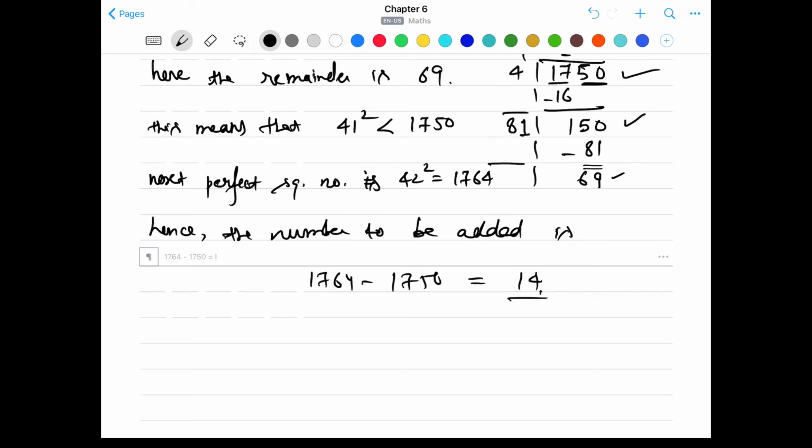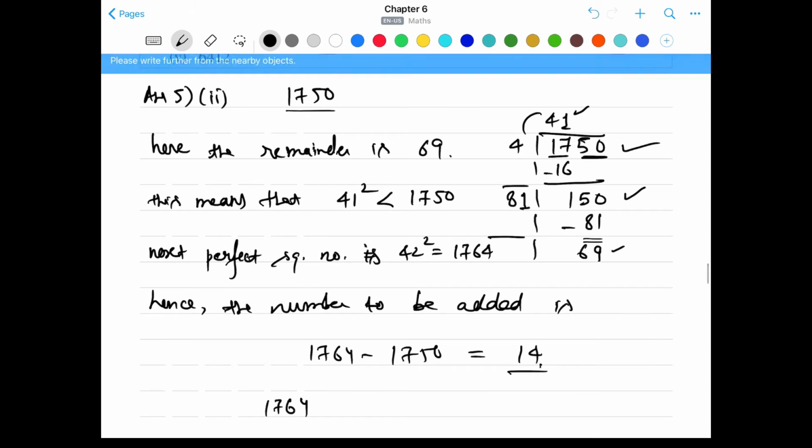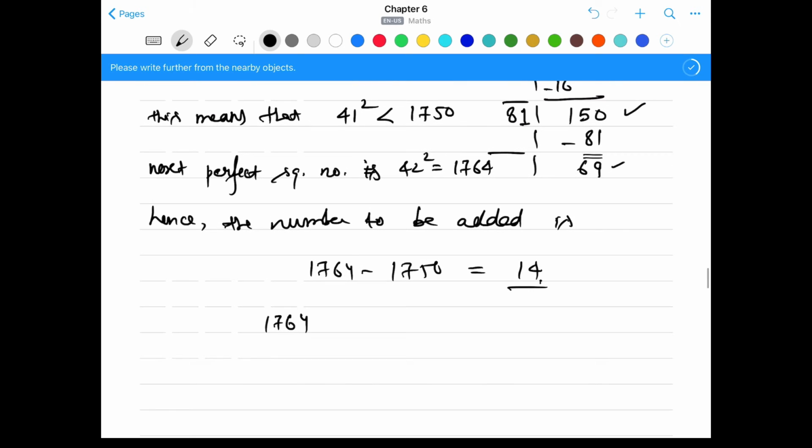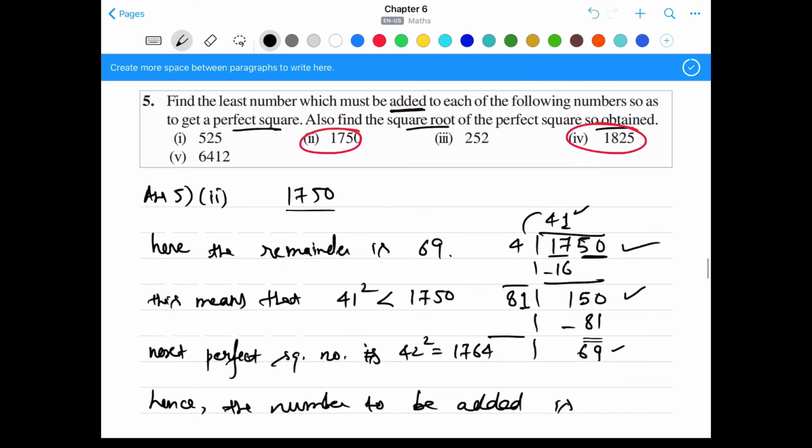So the number that needs to be added here is 14. After adding 14 to the given number, it will become 1764, and the square root of 1764 is 42. That's the answer of part second of question number 5.